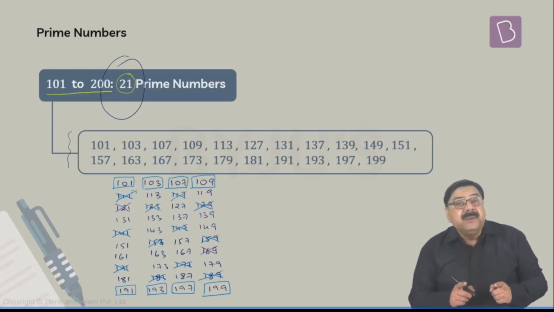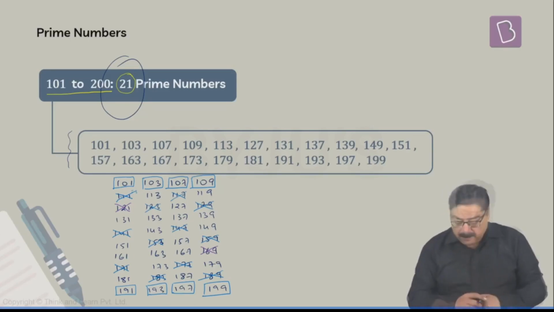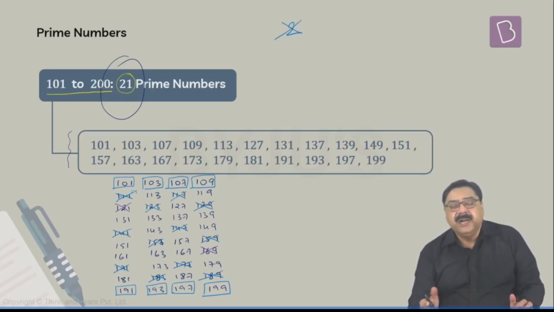Whereas we have to determine the prime numbers between 101 and 200. So we are checking for the divisibility with 2, that we are already done with because we don't need even numbers. 3, we have checked. We are not supposed to check for the divisibility by an even number, so we are not considering even numbers. 5, we have eliminated all the numbers which are divisible by 5. 7, let us take this one.